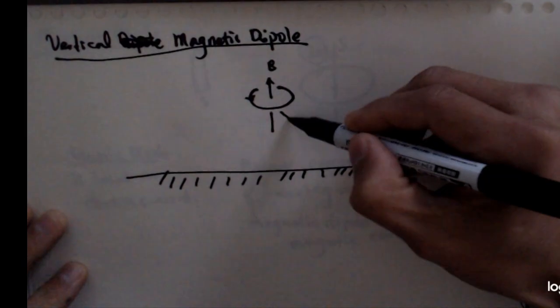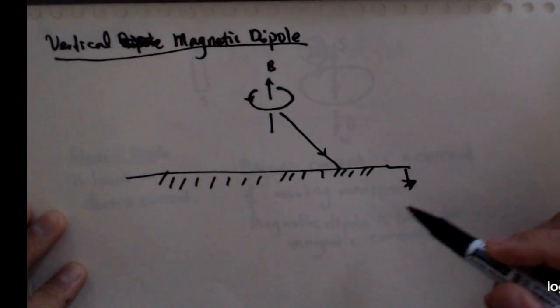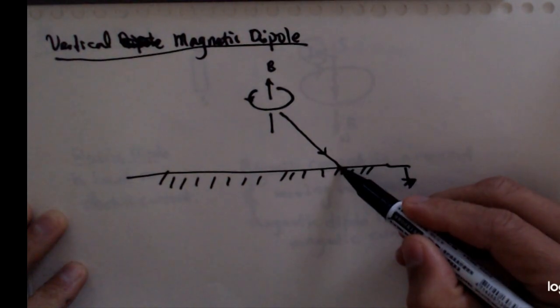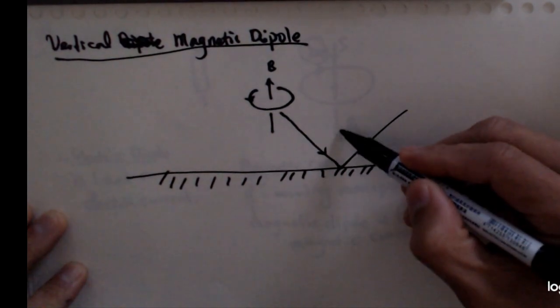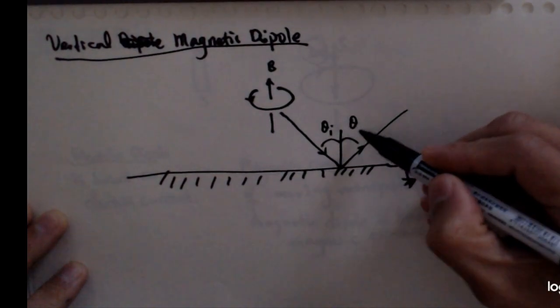So if you have an electric field that has leaked here, then we expect the electric field will be totally reflected off, with the angle of incidence the same as the angle of reflection.